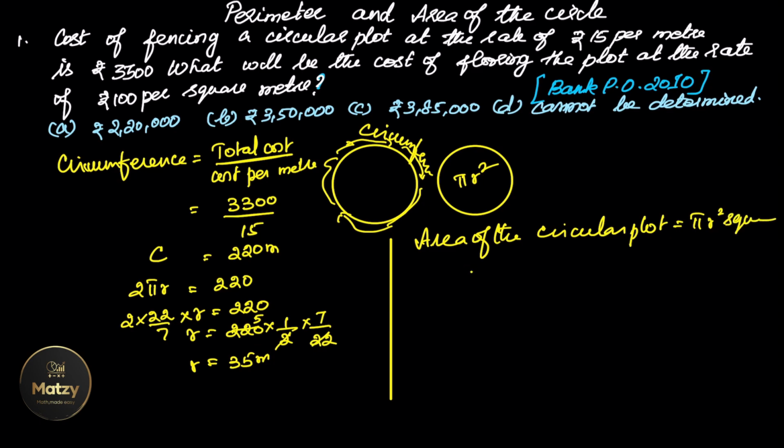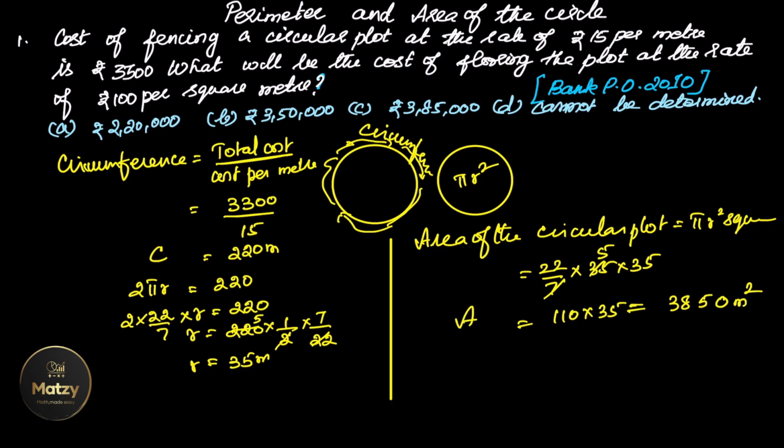So pi is 22 by 7, into r, 5 times, so 110 into 35. 0, 35 ones are 35, 3, 380. So the area is 3,850 square meters.